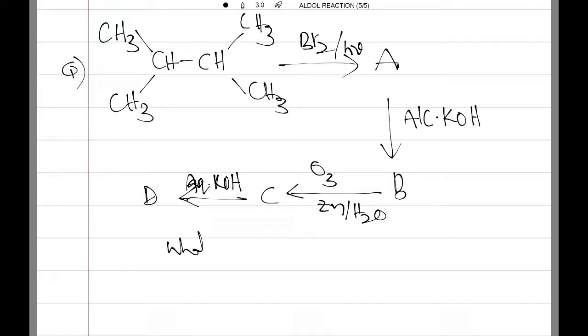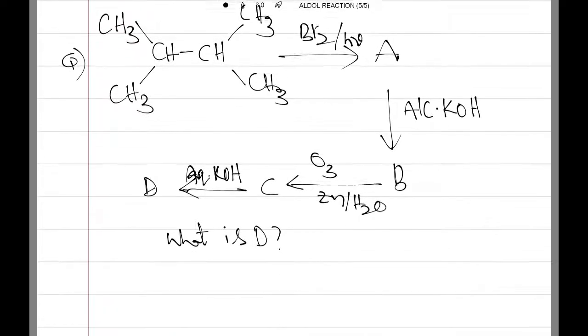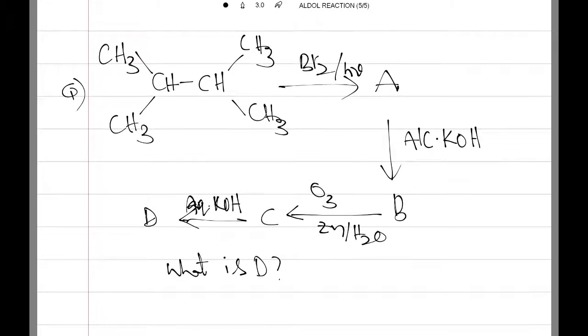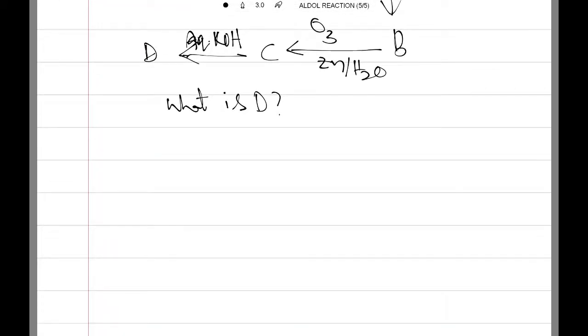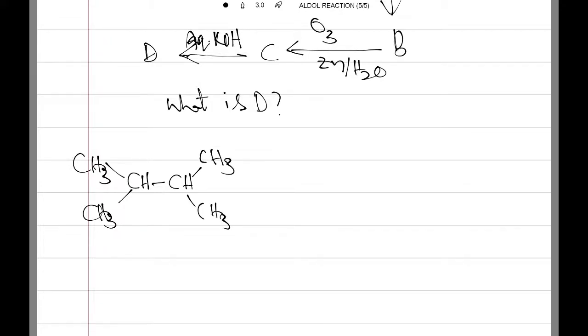So what is D in this sequence of reactions? Right, in the very first step an alkane is given. What is this alkane? 2,3-dimethylbutane.